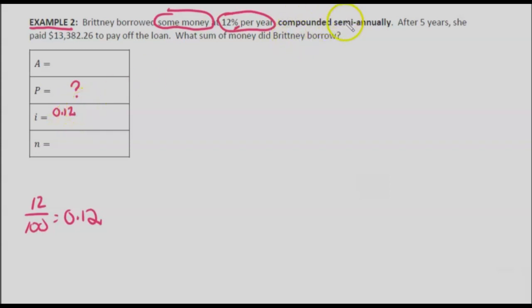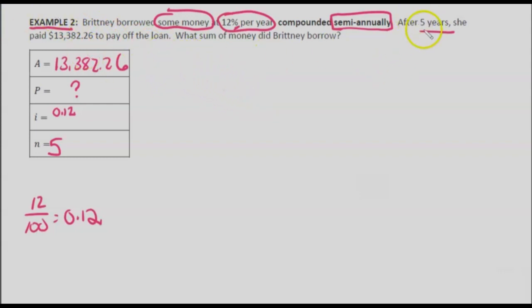Okay, now compounded semi-annually. Let's come back to this. After 5 years, okay, so as soon as I see 5 years, we know that has to do with time. Okay, she paid $13,382.26 to pay off the loan. What sum of money did Brittany borrow?